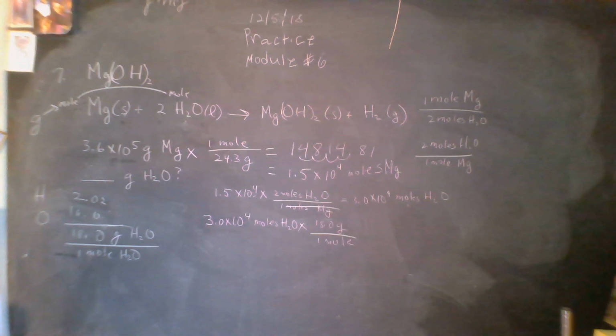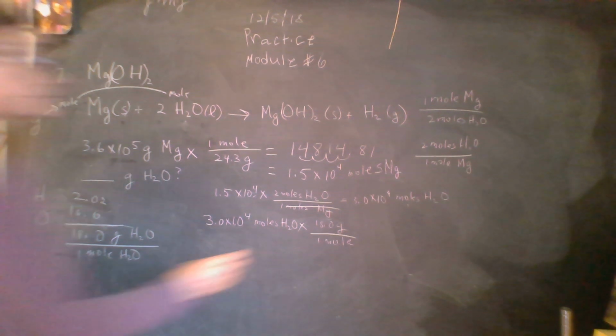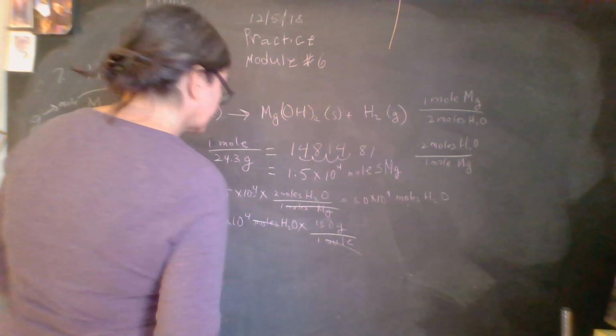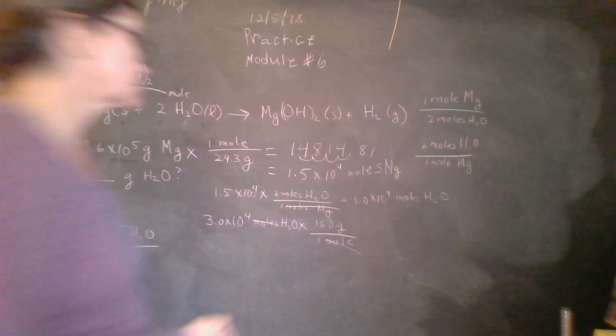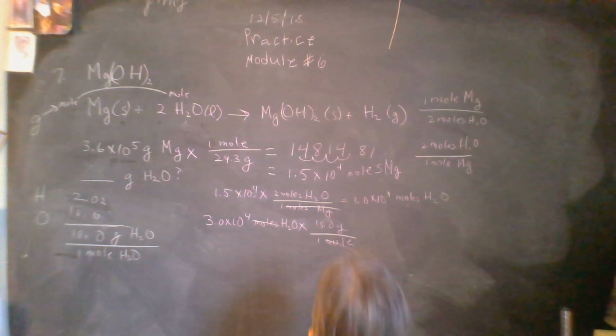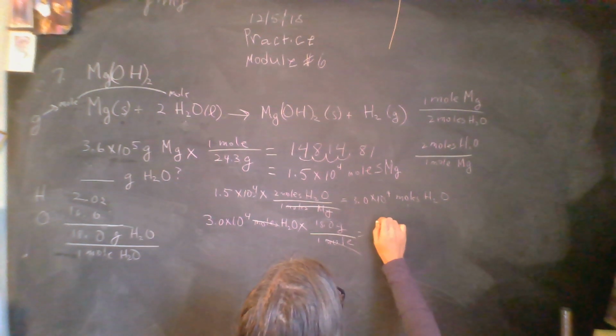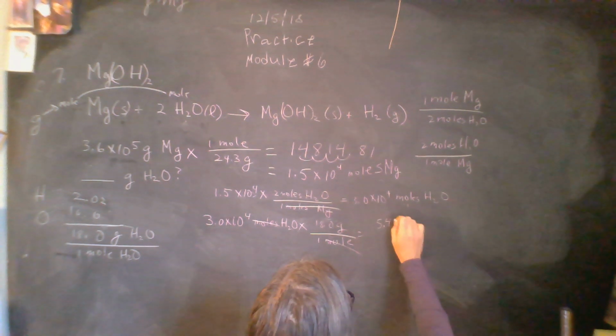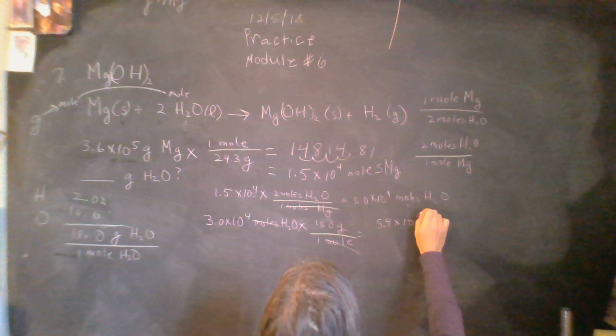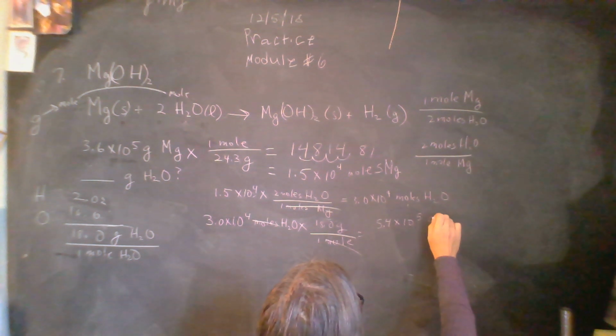Now we multiply 18 by 3, and we get 54 times 10 to the 4, or 5.4 times 10 to the 5 grams of H2O. Good.